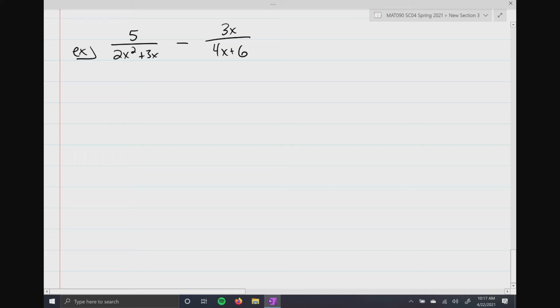So, here's what we do. Step 1. Completely factor the denominators. I'm so excited I'm misspelling words.